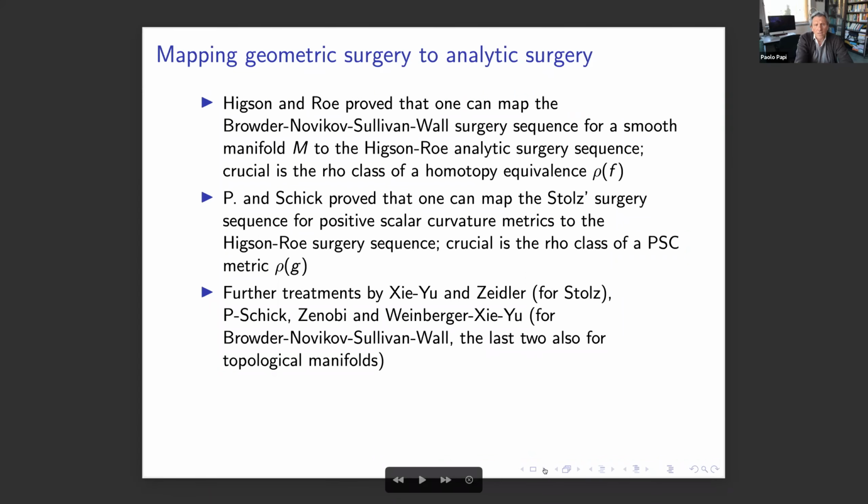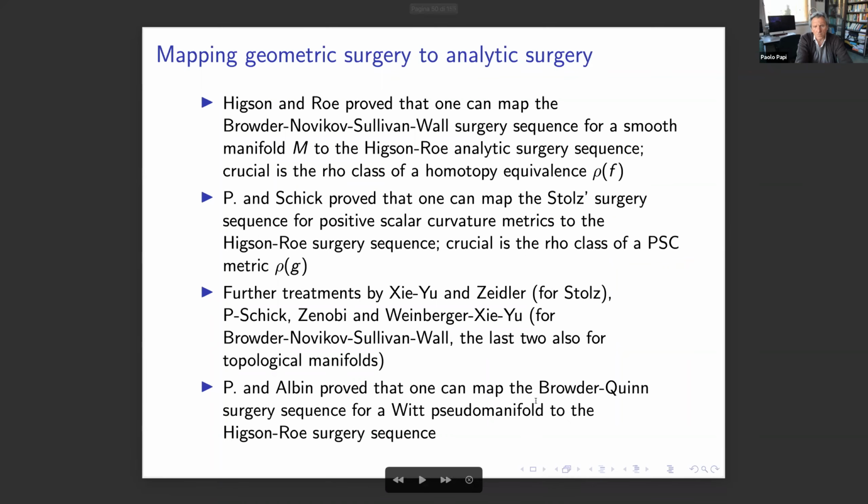By the way, this is a very robust theory because you can also, for example, show with Albin, we showed that the Browder-Quinn surgery sequence for Witt pseudomanifolds, so this is something in intersection homology, can also be mapped to the Higson-Roe sequence.